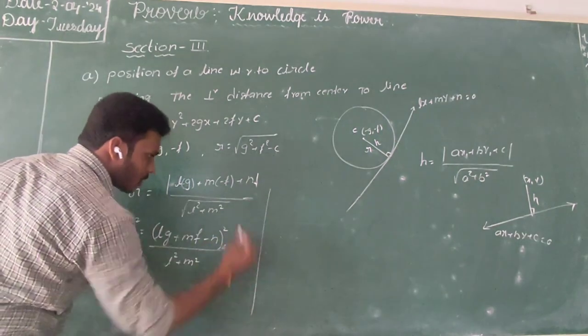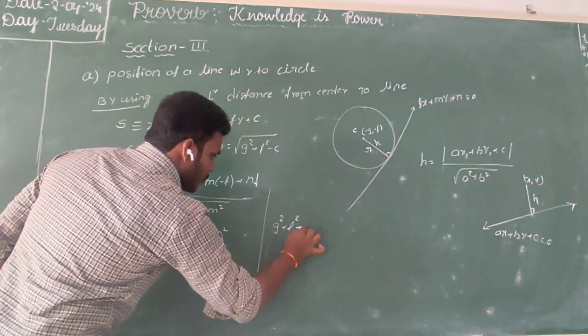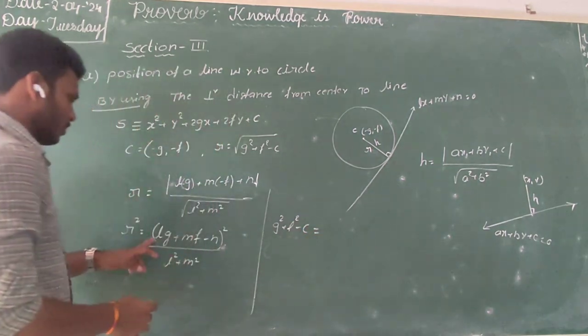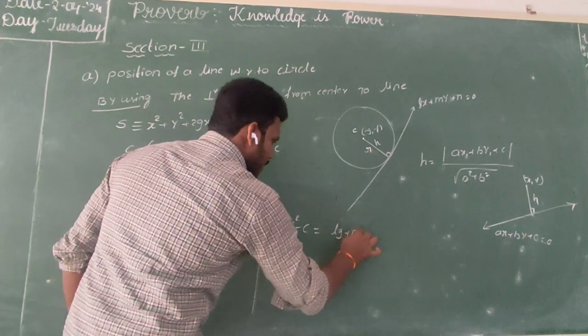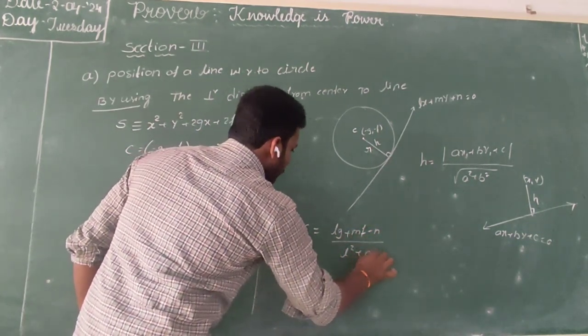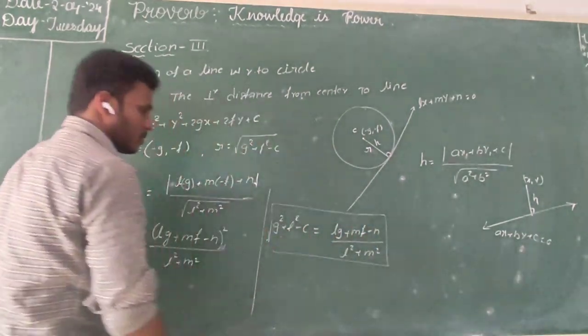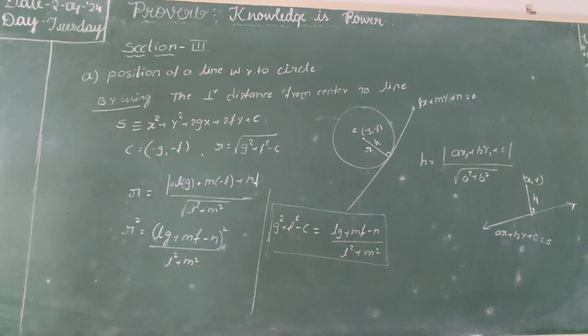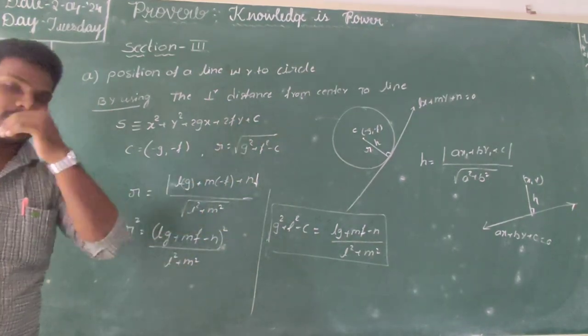It becomes g square plus f square minus c is equal to L g plus m f minus n, whole square, by L square plus m square. That is the relation between the coefficients of the circle and the coefficients of the line.